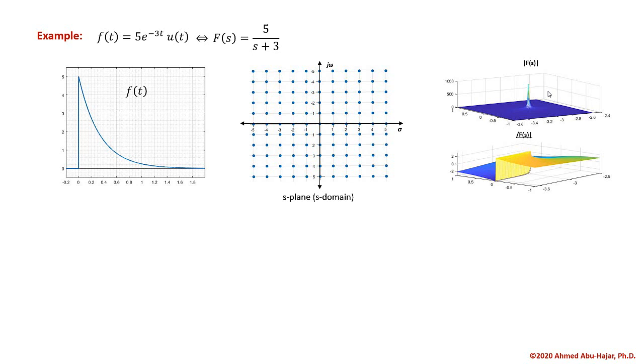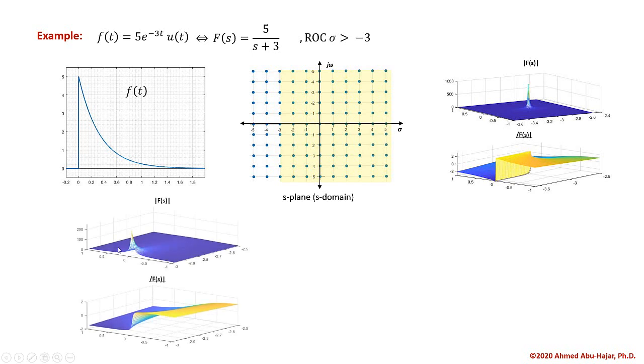Now this is not complete because this requires us to say that the region of convergence is for sigma greater than -3. So if you come over here, you say that this is the -3. The region of convergence is this portion on the graph, so you're going to plot the function on the region of convergence from -3 onward.